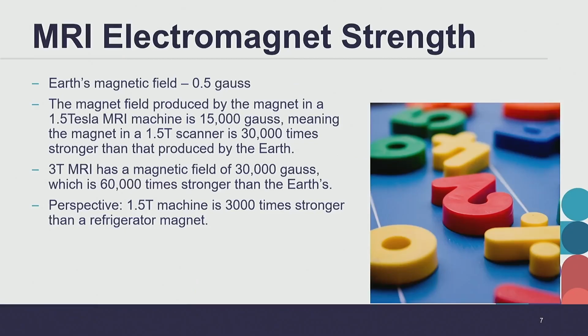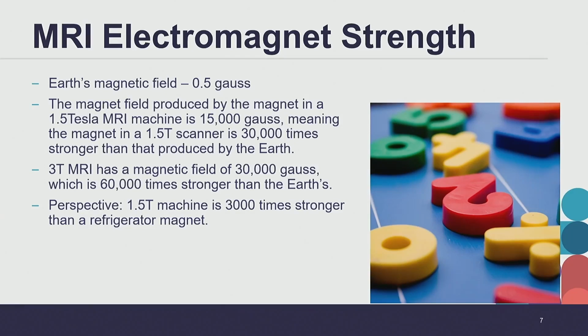So just a quick discussion of electromagnetic strength. The Earth's magnetic field is about half a Gauss. The magnetic field produced by a magnet in a 1.5 Tesla MRI machine is 15,000 Gauss, meaning that in a 1.5 T scanner the magnetic field is 30,000 times stronger than that produced by the Earth.